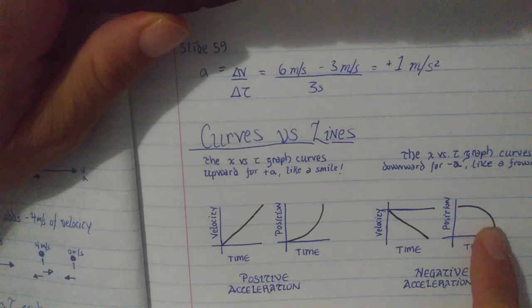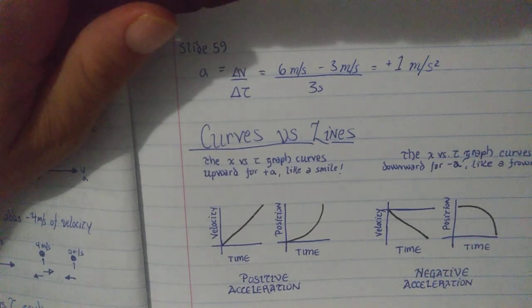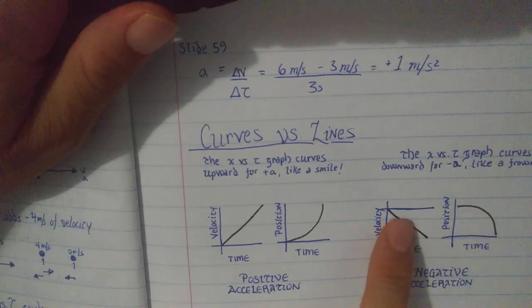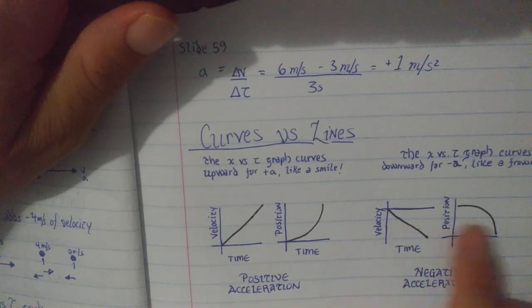Because on a position versus time graph, if you have a straight line, that means you have a constant velocity, but if acceleration is changing, right, the velocity is changing. So these both show acceleration.